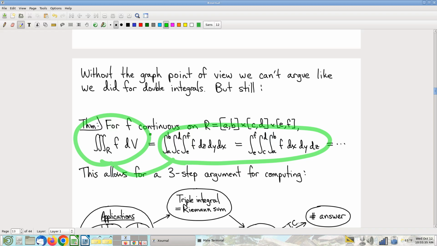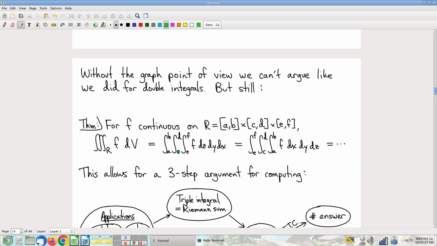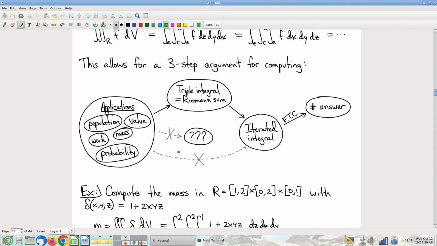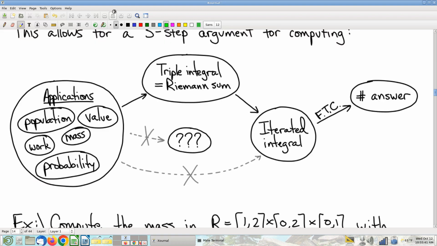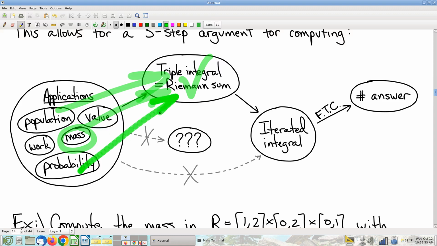Okay. So again, here we are with our strategic diagram of triple integrals. We've seen that mass can be written as a Riemann sum, aka triple integral. I claim many other applications as well can be rewritten as Riemann sums, aka triple integrals.